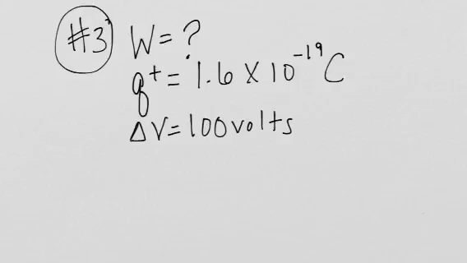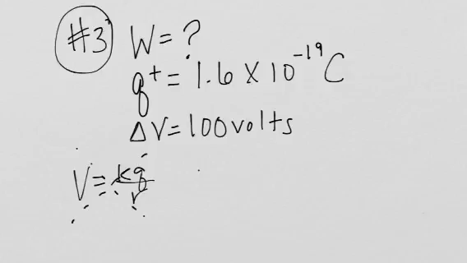We can go to our equation sheet, and we're going to find this formula, that V is equal to KQ over R. And again, this formula doesn't help me. What does help me, though, is my definition of potential difference.